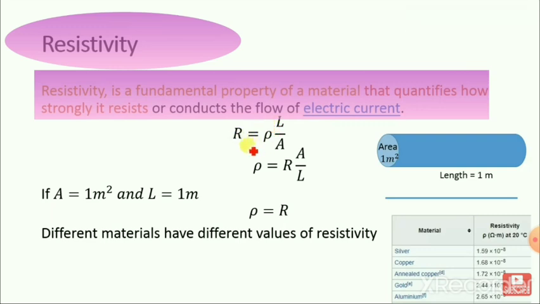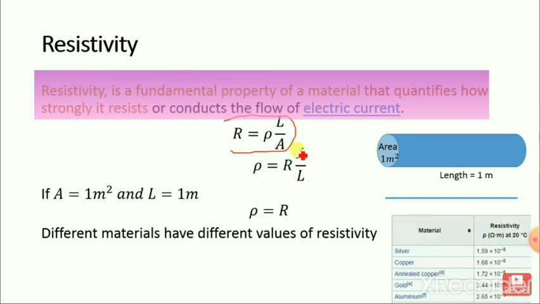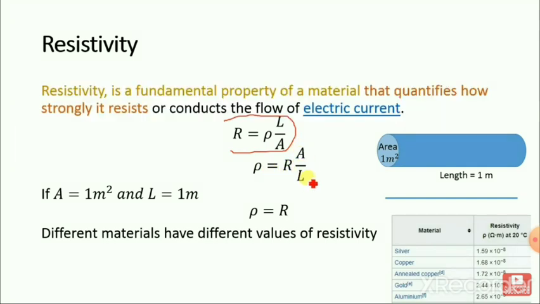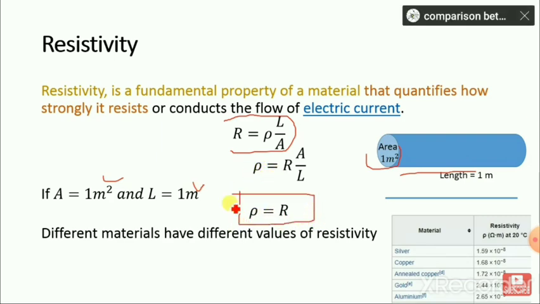From this equation, the resistivity can be derived as rho is equal to R into A divided by L. For example, we have this wire, with this cross-sectional area A and this length. If the cross-sectional area is equal to 1 meter square and the length of this wire is equal to 1 meter, then resistivity is equal to resistance.